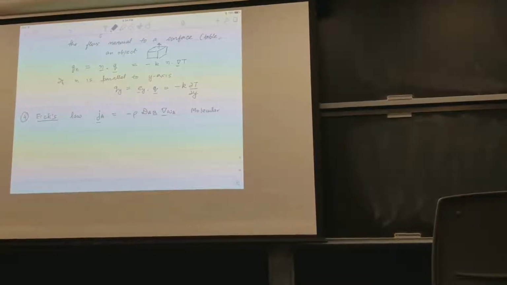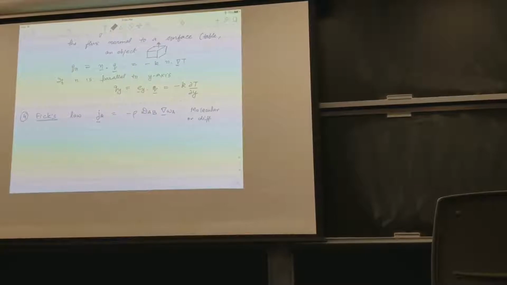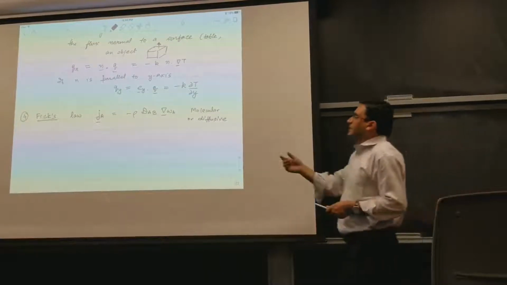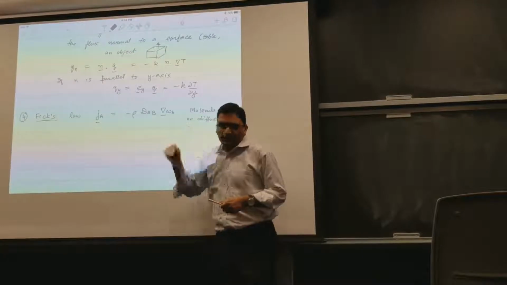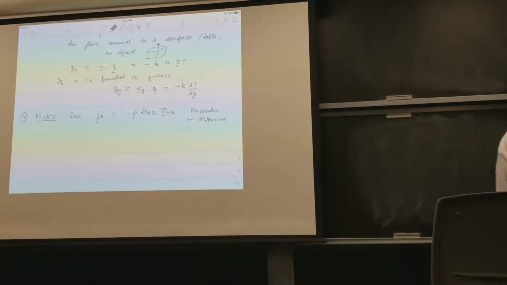So you have molecular or diffusive flux, which we define using Fick's first law, right? So that's Fick's first law, and again you have a gradient, and as soon as I see a gradient, I understand it has 3 components, so it allows you to define things in 3 dimensions.